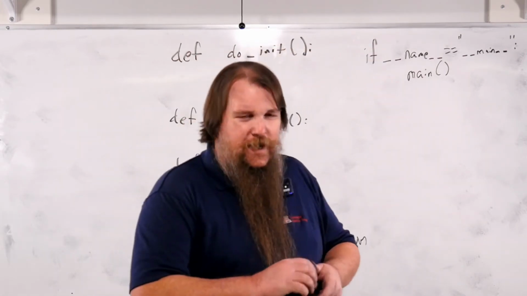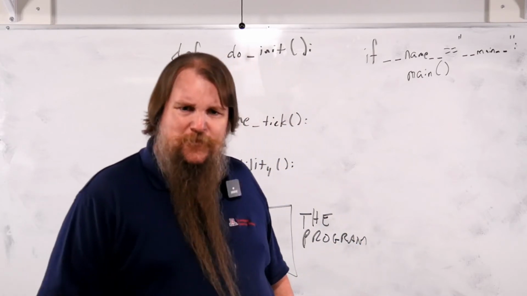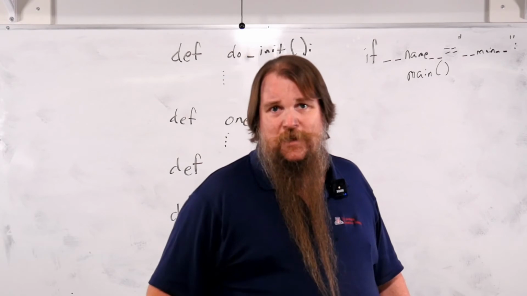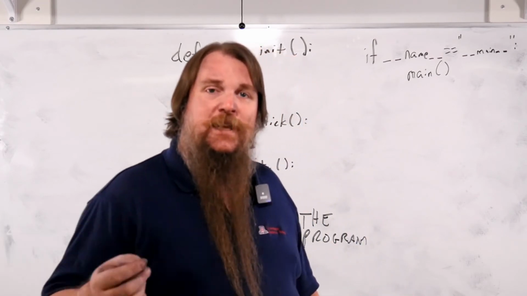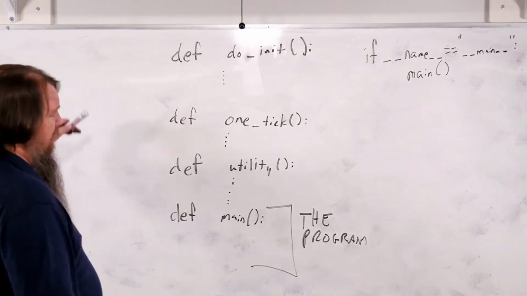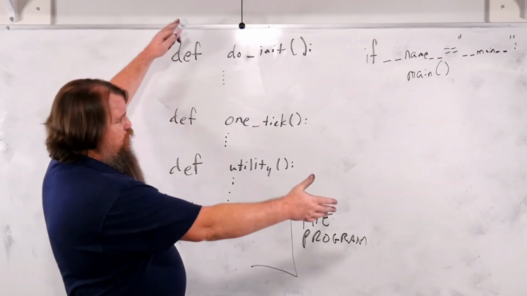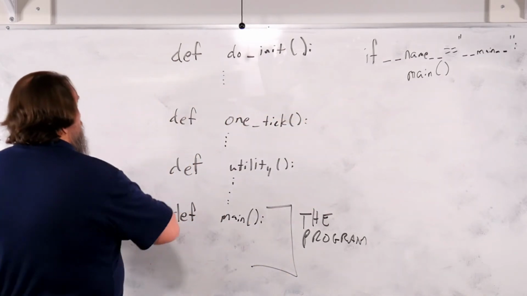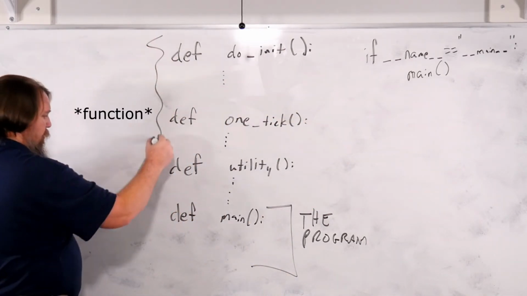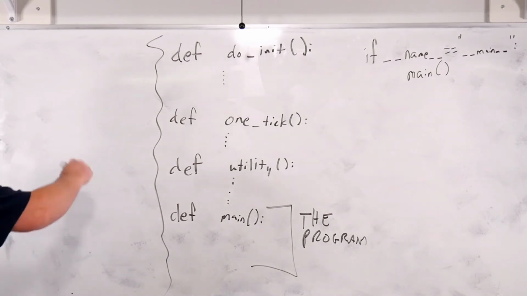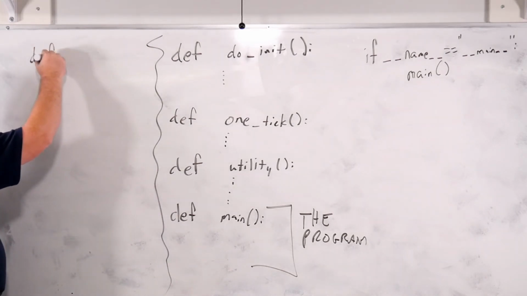Now, I emphasize the word program because sometimes what I'm going to ask you to do is not implement a complete program, but to implement some functions. So if I say, write a program that will do all the work, end here. But what if instead I say, write a program which will print out your arguments?